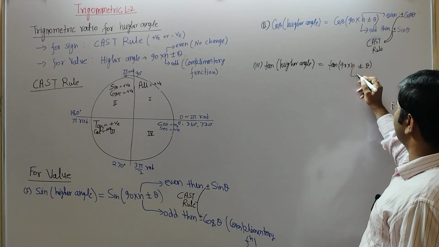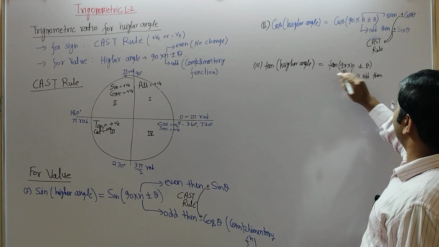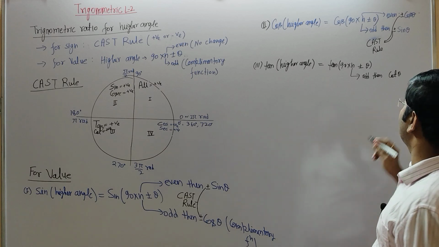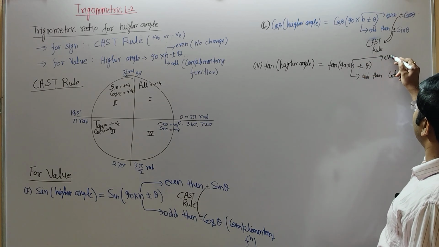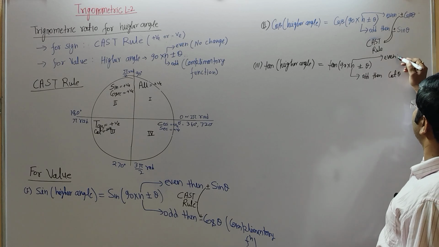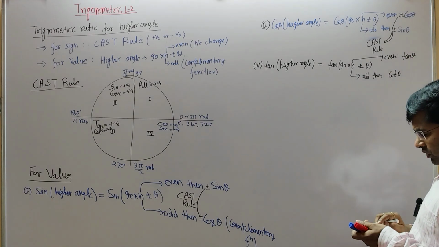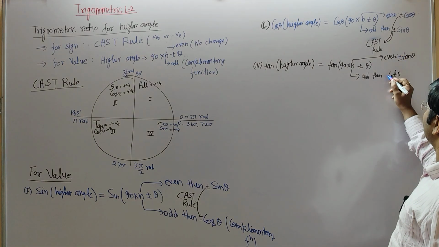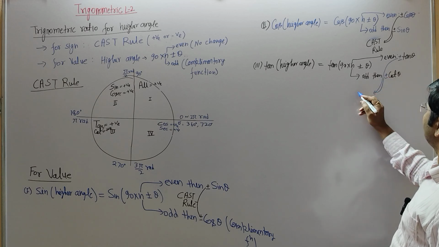If n is odd, tan will convert into its complementary function, cot theta. If n is even, it will remain tan theta. Whether it is positive or negative is decided based on the CAST rule.